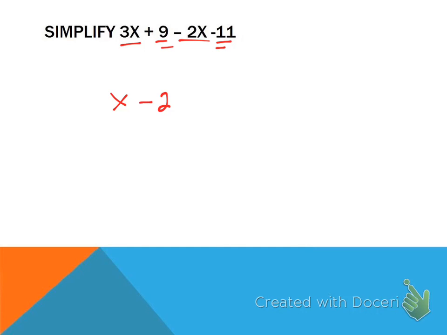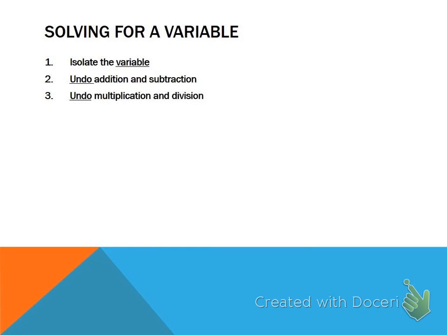But when it comes time to solve for a variable, when it comes time to isolate a variable, that's where we want to start bringing in our inverse operations. We're going to want to undo addition and subtraction first, and then undo multiplication and division. It's kind of backwards from our order of operations, PEMDAS.